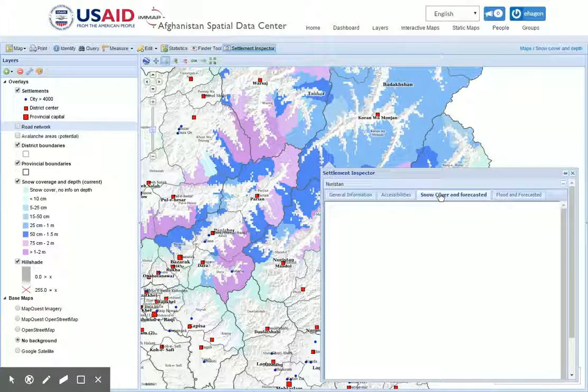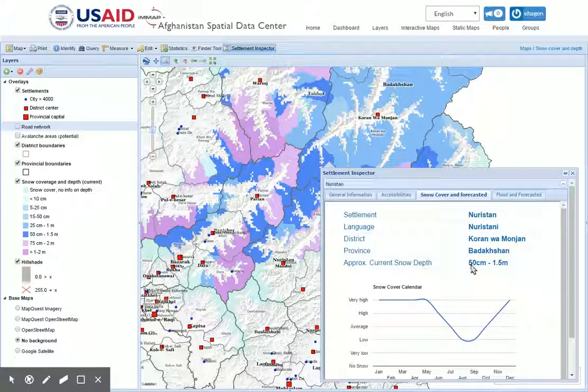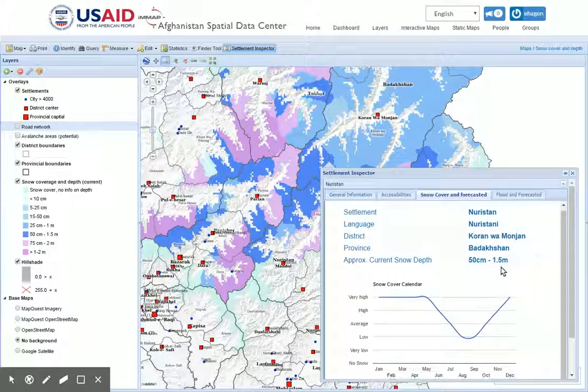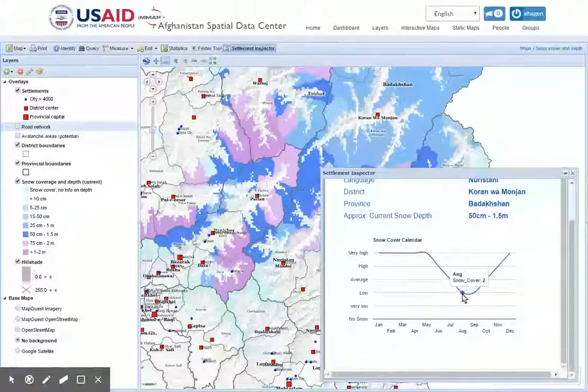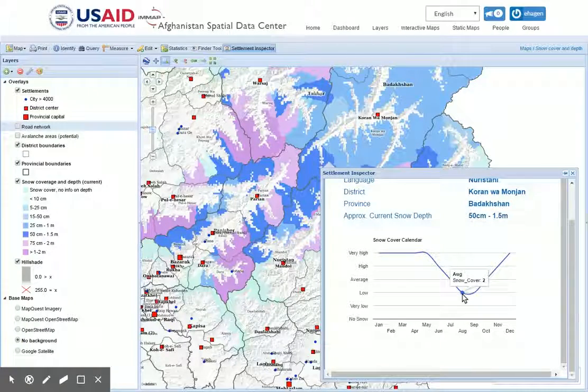We're in Badakhshan, and there's between 50 centimeters and 1.5 meters of snow. There's a very high likelihood of snow between January and May. That means it's almost guaranteed. Whereas in August, well, even in August, there's a chance to have snow there.